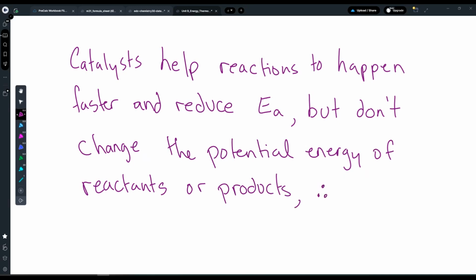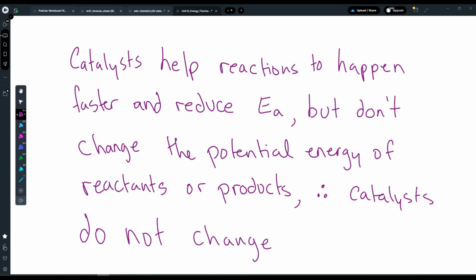Therefore, and therefore is those 3 dots, catalysts do not change your change in enthalpy. I'm repeating that quite a bit because it's an important point to know.